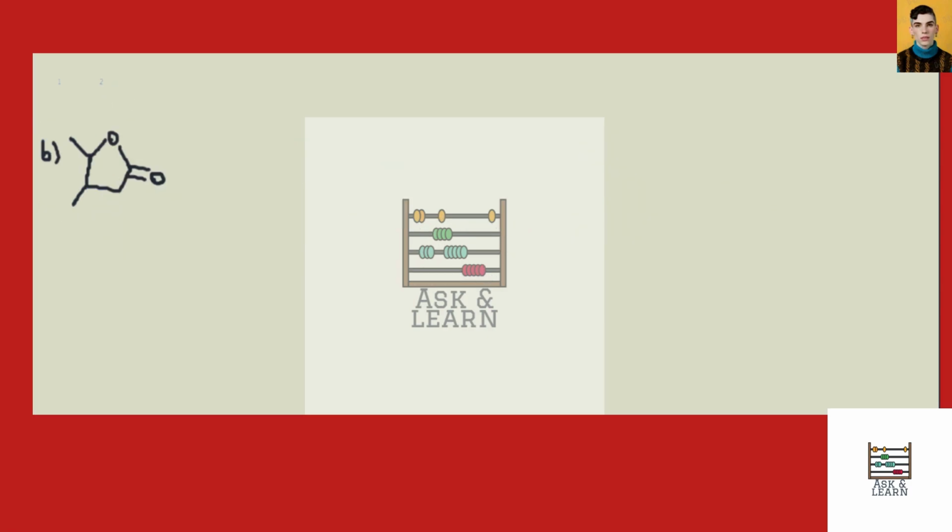So then for part B, we have this other lactone that we're starting with. And this time we're using a di-Grignard reagent. So it's a butane chain with a magnesium bromide on either end of it. Okay, and so the starting step again is going to be just a typical Grignard.